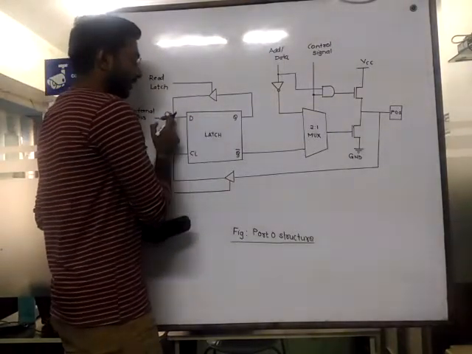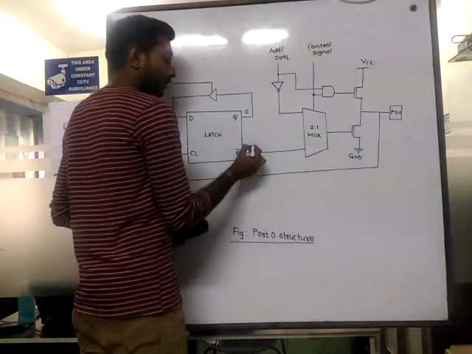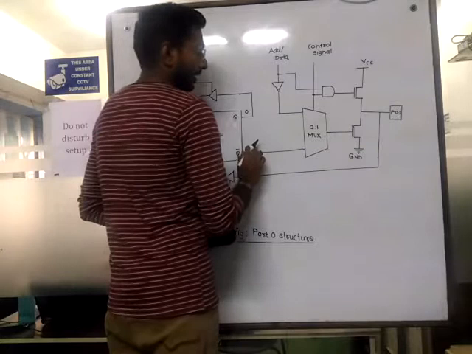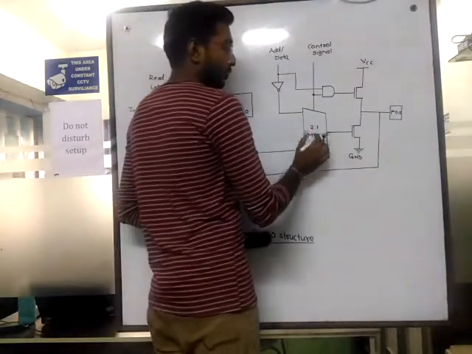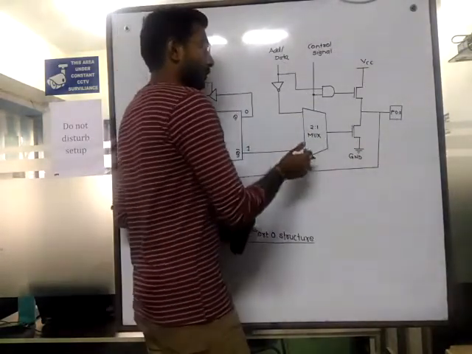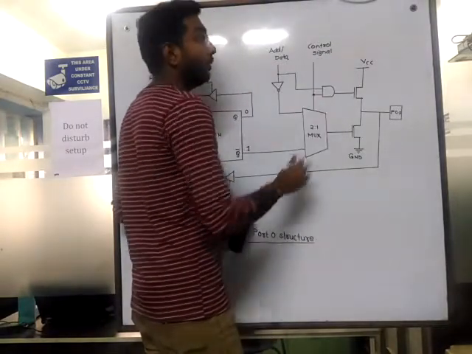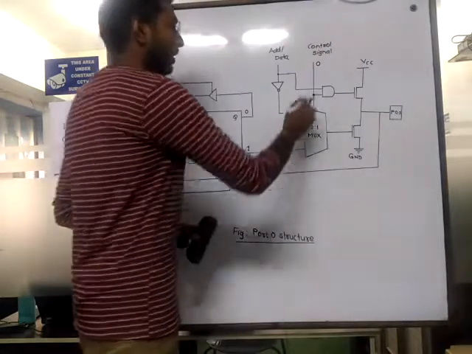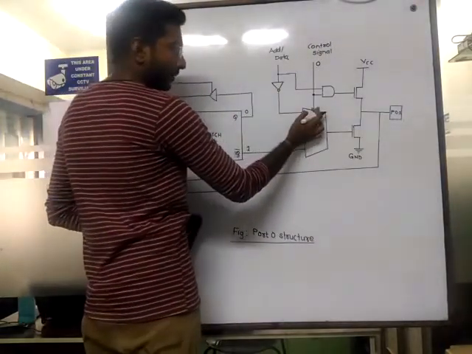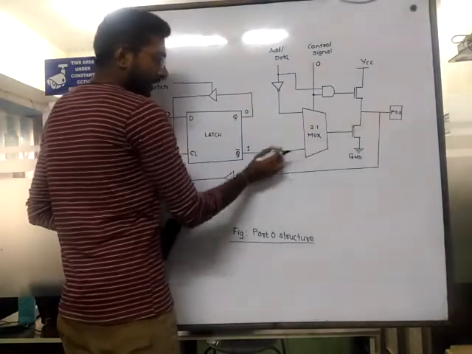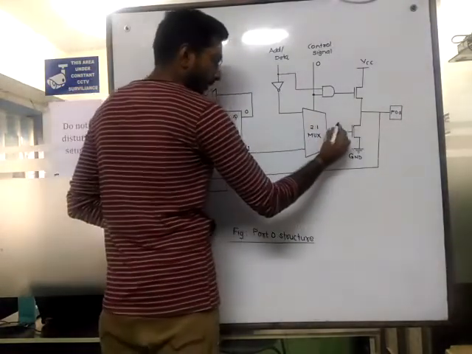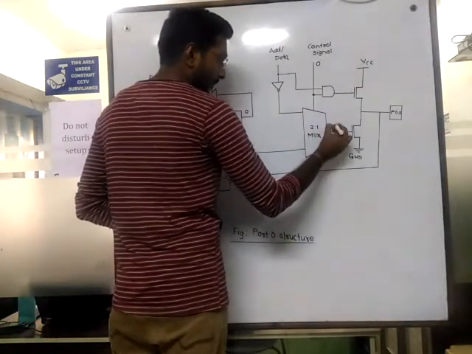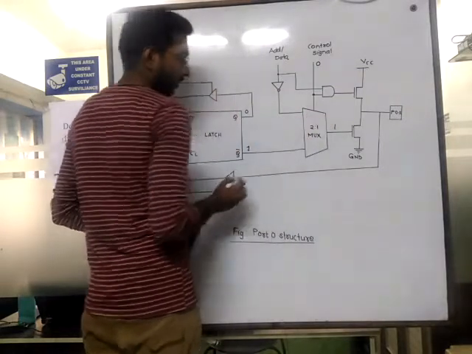So the D latch will give 0 here, and its complement 1 here because Q bar is there. Then after that we have a 2-to-1 multiplexer. Its input comes from the control signal, which, as I just told you, will be always 0. If 0 is here and 1 is here, the multiplexer will pass this bit 1 here. Means this multiplexer will pass this bit here whenever we get 0 and 1 here.